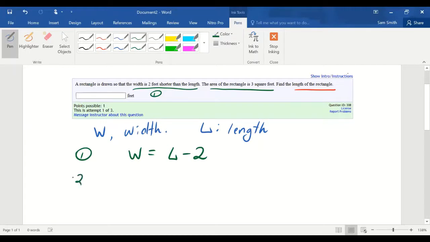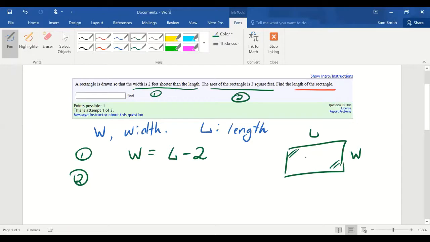All right, I would now like to translate the second statement in this problem into an equation. The area of a rectangle is 3 square feet. Now, folks, pause and remind yourself, for a rectangle with this length and width, what formula do we have for the rectangle's area?